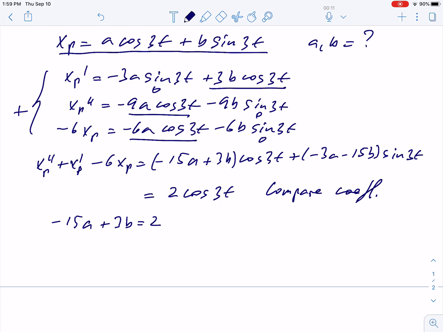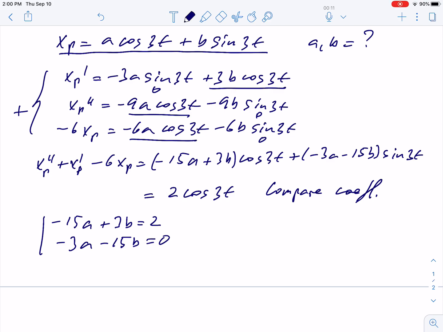On the left side, in front of sine, we have negative 3a minus 15b. On the right side, we have 0. There is no sine here. Now we have to solve this system of 2 simultaneous equations for a and b. We can do this by substitution or elimination.